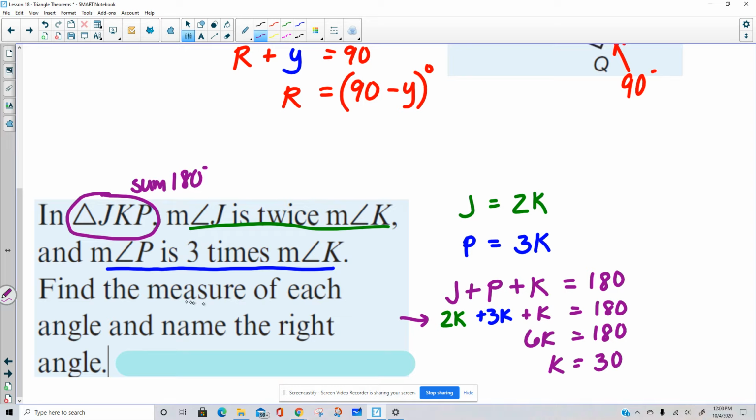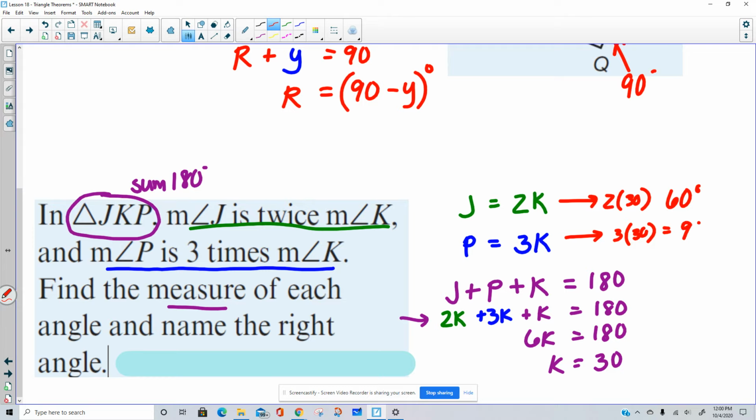All right, so it says find the measure of each angle and name the right angle. Let's back substitute. Angle J is 2 times K, or 2 times 30. Angle J is 60 degrees. Back substitute in for P. P is 3K with a K of 30.